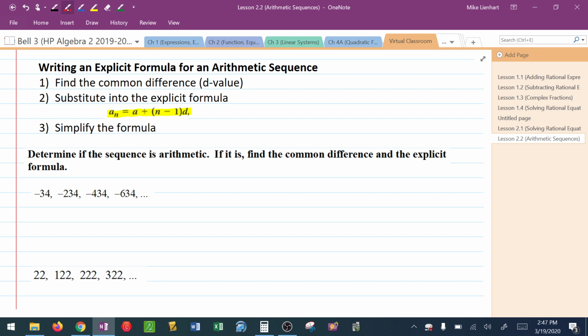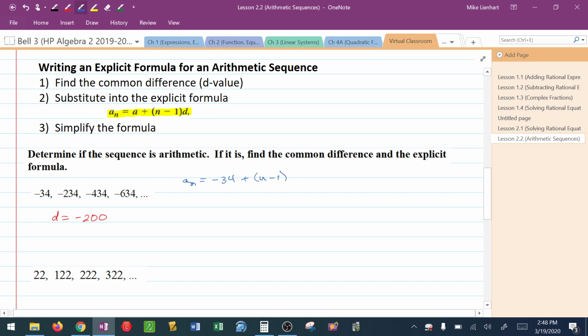First thing, if the sequence is arithmetic, it has a common difference. I know that my D value here is negative 200. I take that negative 200, go to the formula, and write a sub n. That's saying a particular value at a particular position. A sub n is equal to a, and a is the initial value, or the first term in the sequence, negative 34, plus n minus 1.